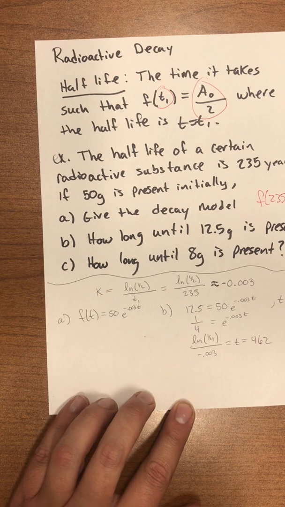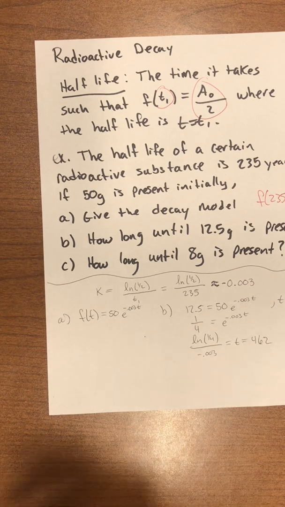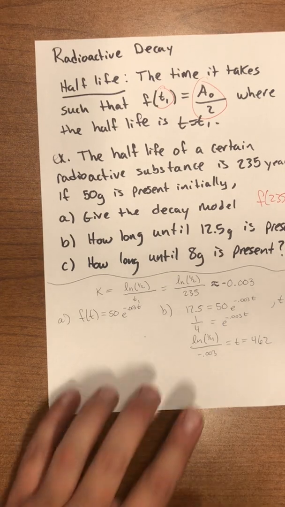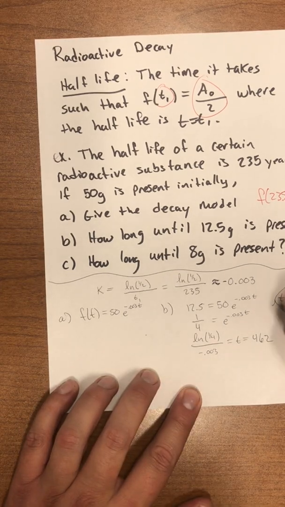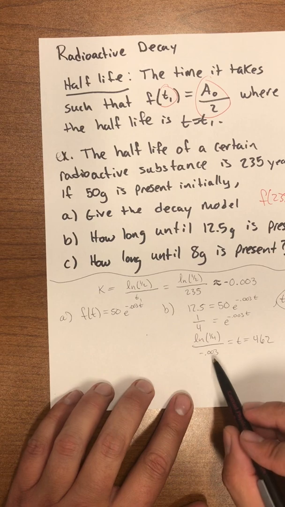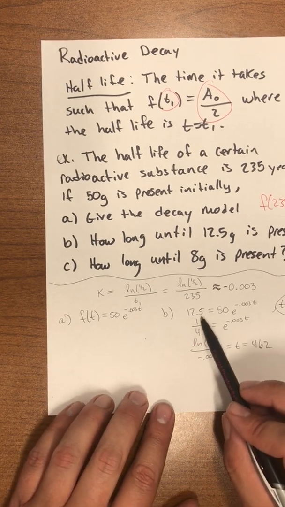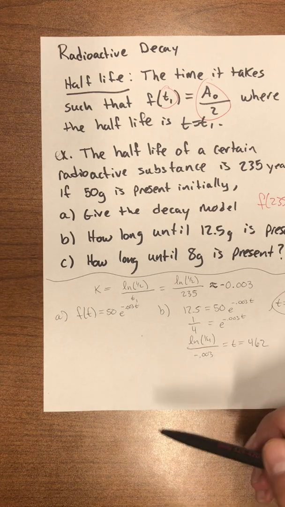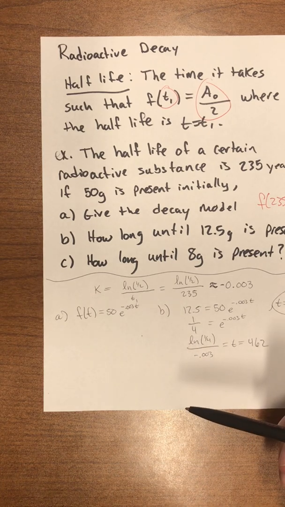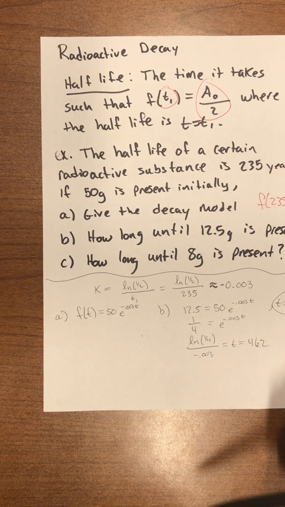235 times 2, which is 470. So the reason for this is the exact value. This is an approximation because I rounded right here. Every 235 years, half of the amount is gone.